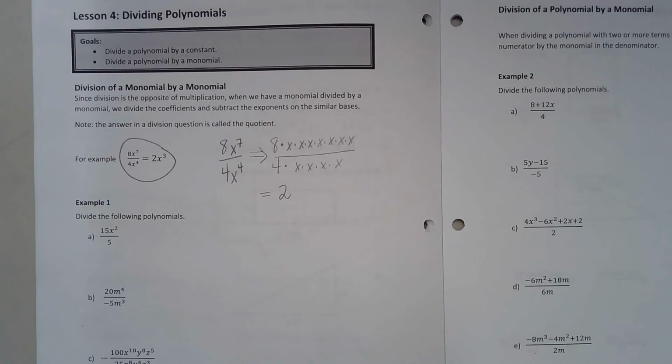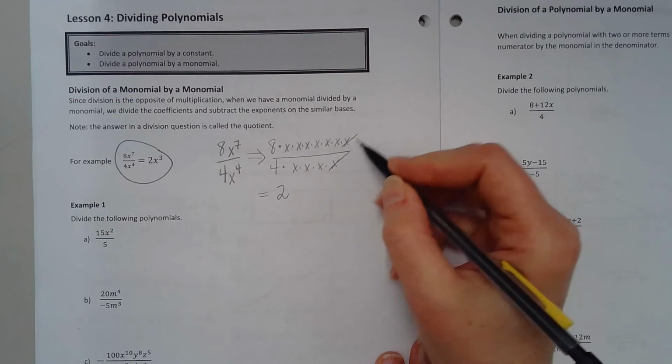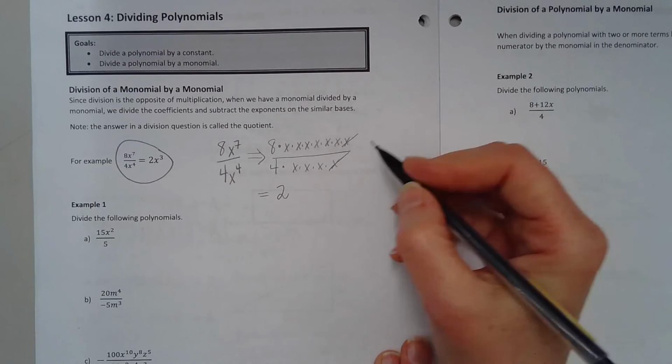9 divided by 9 is 1, 5 divided by 5 equals 1, negative 3 divided by negative 3 equals 1. Whatever x is, if I divide it by itself, it's equal to 1. So all those x over x's just cancel themselves out to 1s, and a 1 doesn't change the value of anything.